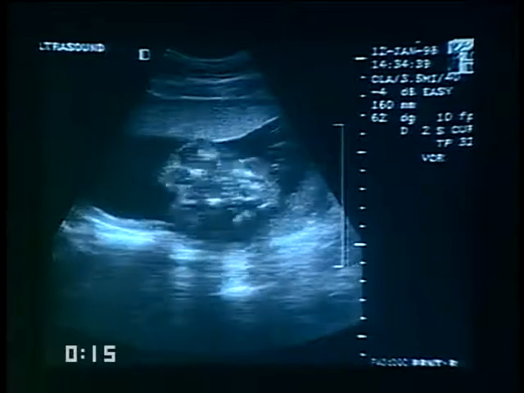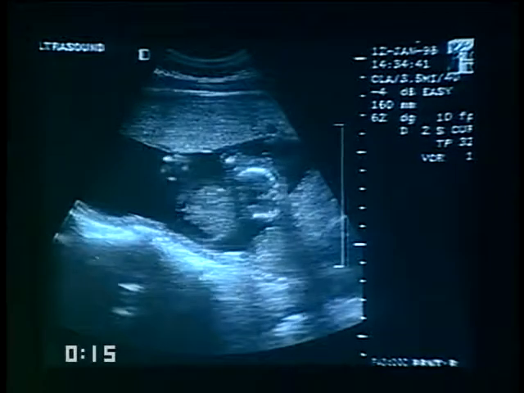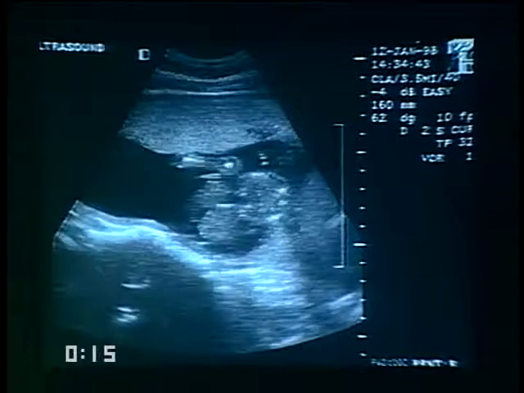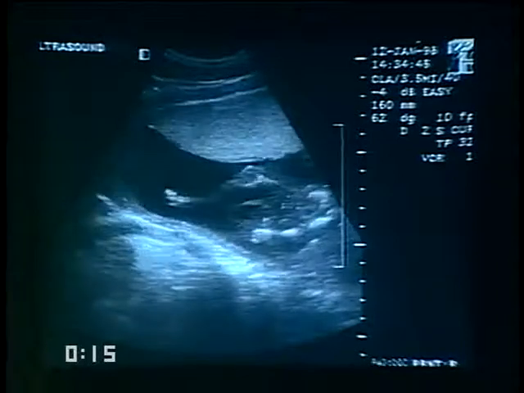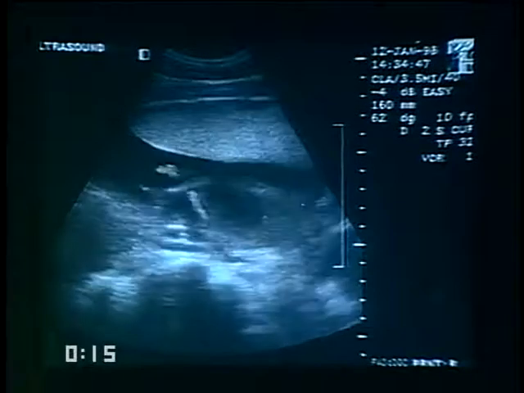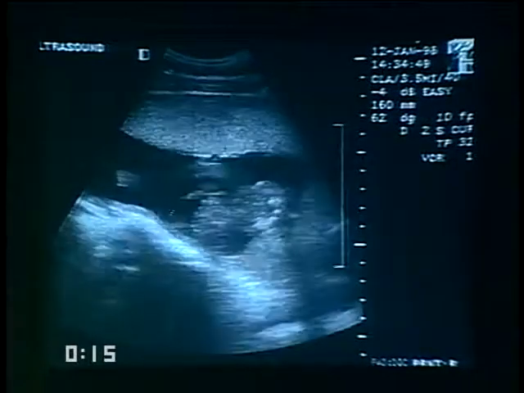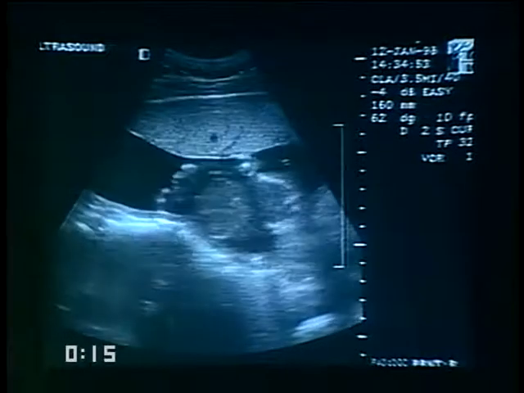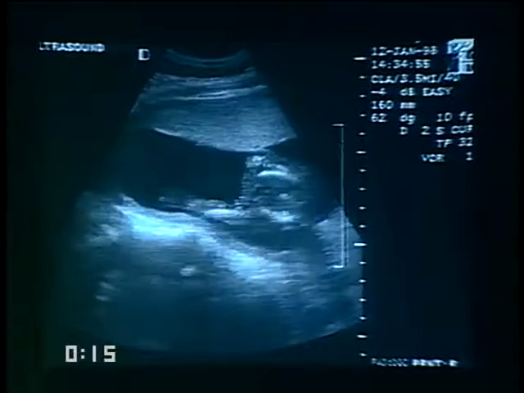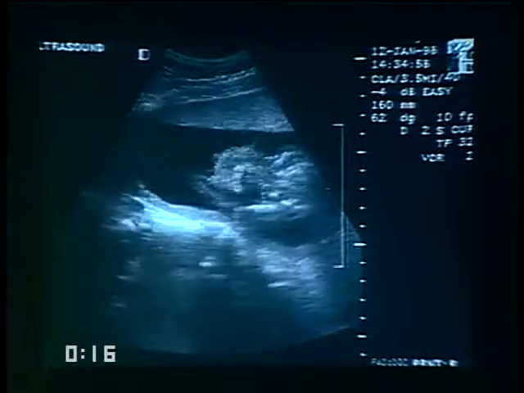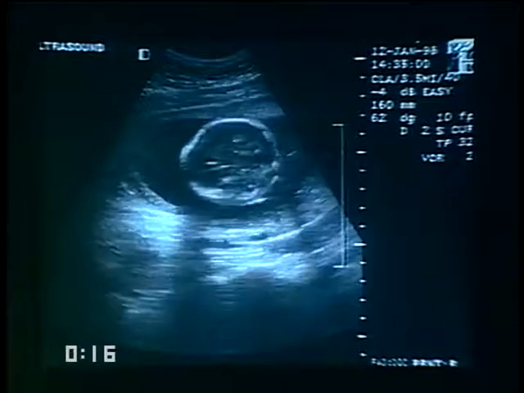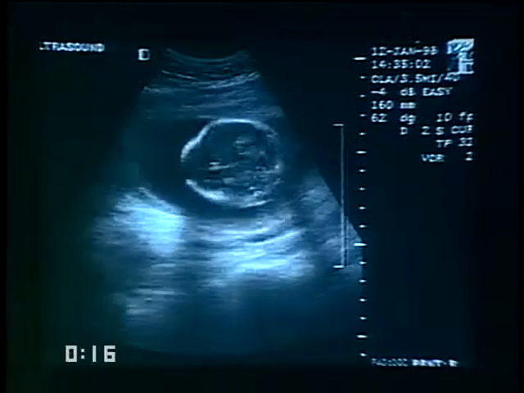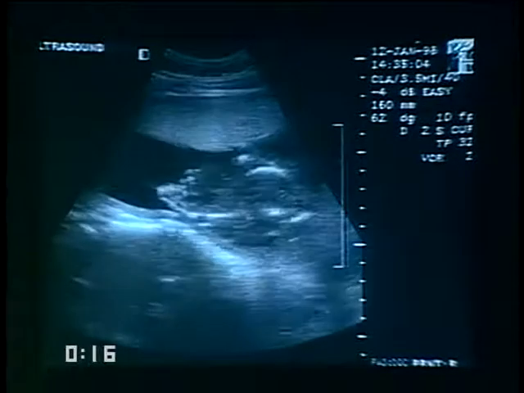Case 14, you have to look at relatively intently. This is posterior, this is anterior, and we're looking here. The baby's head. Now we're going to scan back down.